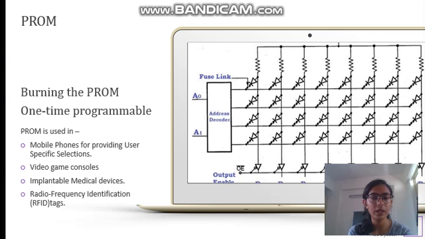The process of programming of the PROM is called the burning of the PROM, and there are tiny fuses in the PROM chips which are burned open during the programming, and the data can be programmed only once and cannot be altered. That's why these are one-time programmable. They are used in mobile phones for providing user-specific selection, video game consoles, radio frequency identification tags, etc. The biggest disadvantage of PROM is that the data once burned cannot be erased or changed when errors are detected.